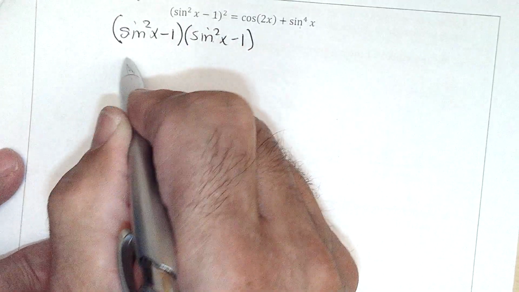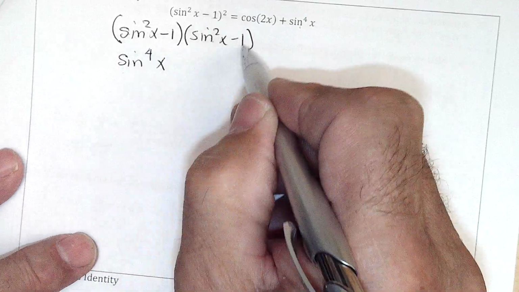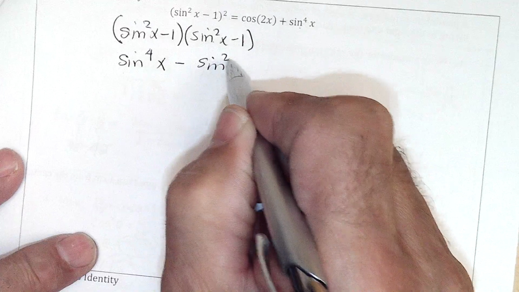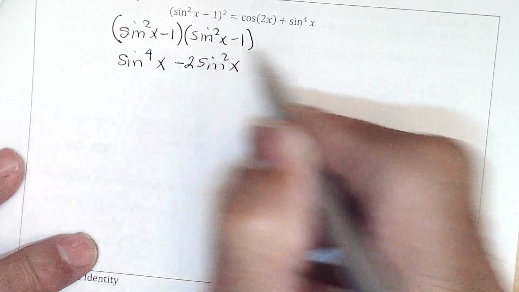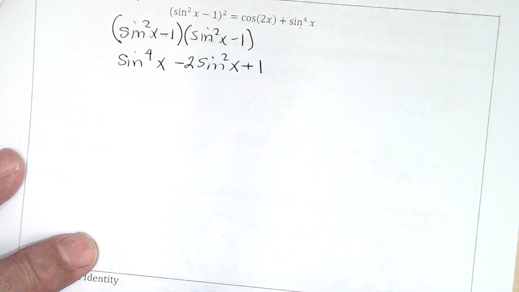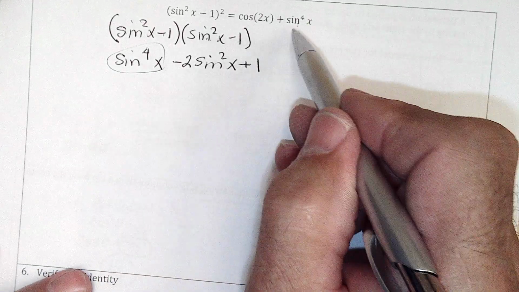This times this is sine to the fourth x. This times this would be minus sine squared x. And this times this is another one, so that'd be minus 2 of those. And that times that is plus 1. So we've got the sine to the fourth of x. We got that.